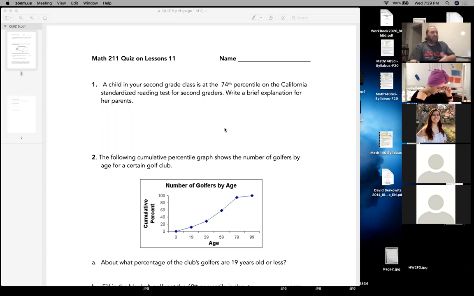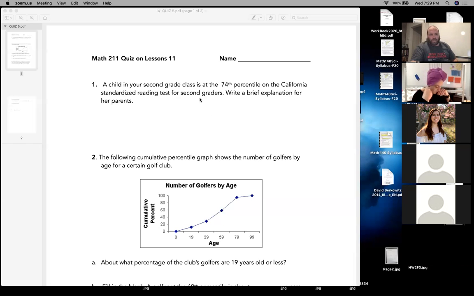Essentially, on the grand scheme of things, of second graders, 74% do worse, 26% do better. That's the 74th percentile. People who said anything like your child scored a 74% on the test, you're missing the whole point. That was no credit, but I think very few, if any, did that. I seem to recall only one or two did that.